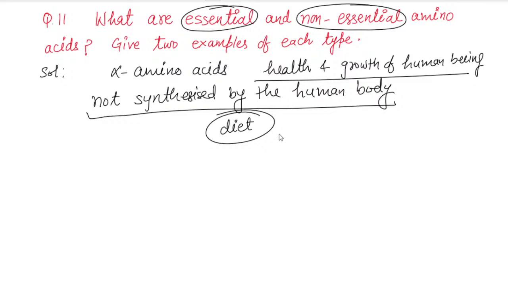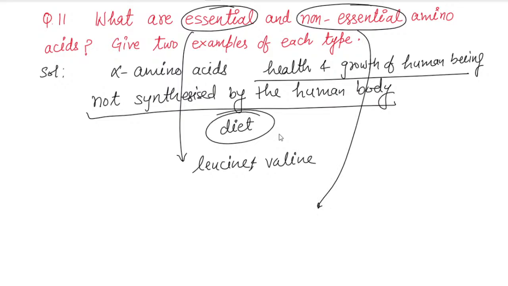Examples of essential alpha amino acids are leucine and valine, very good. Keep in mind these two. Non-essential, first two: glycine and alanine, that's it.